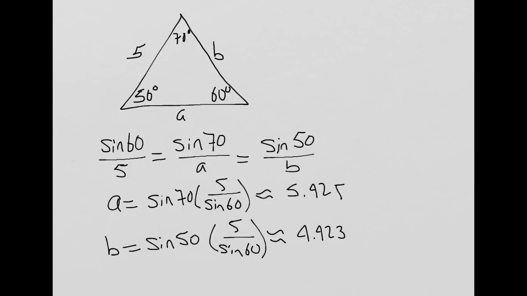Now in this case, we had two angles to start with, which immediately gave us the third angle. That's not always what we have. If I was looking at this triangle, let's go with 6, 3, pi over 3. Previously I had one side and two angles. Now I've got two sides and just one angle.